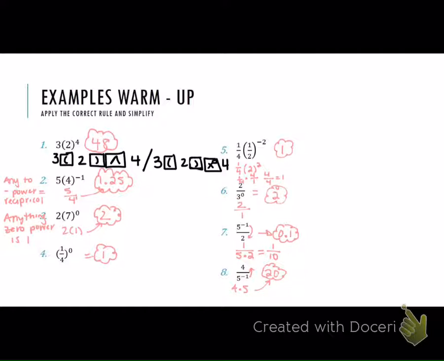Type in 4 divided by 5, raised to the negative 1. Equals. You won't have this worksheet until tomorrow in class. I got 10. That's because you didn't put the negative 1 on the 5. You put it on the other number. Did you see that?